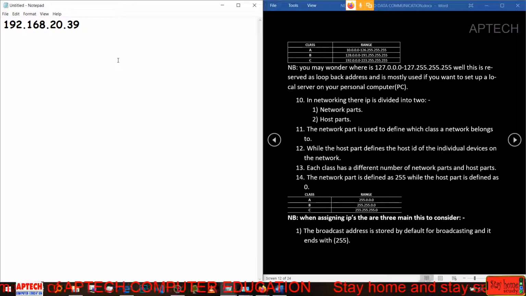If I put 255.255.255.0, it will know by default which class?